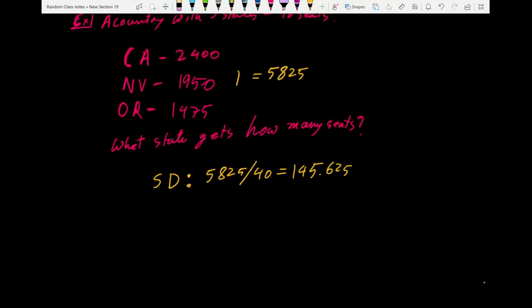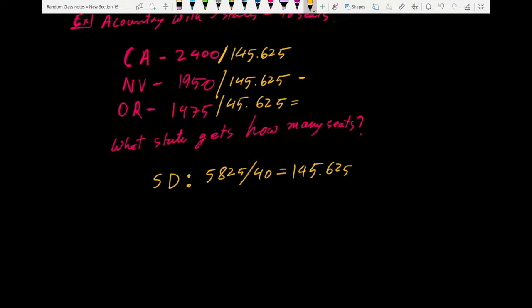So now we're going to take each population divided by 145.625. I'll wait for you guys to get that number.